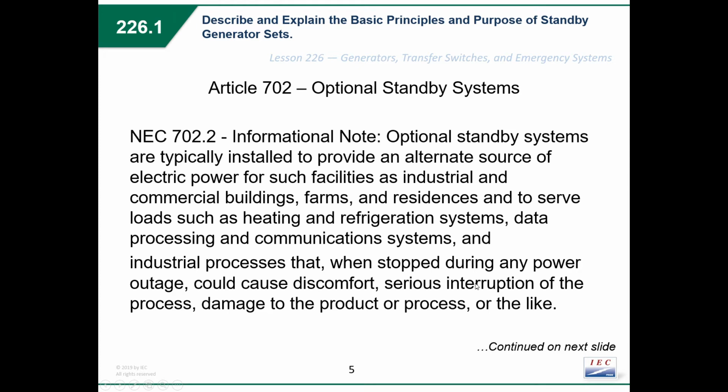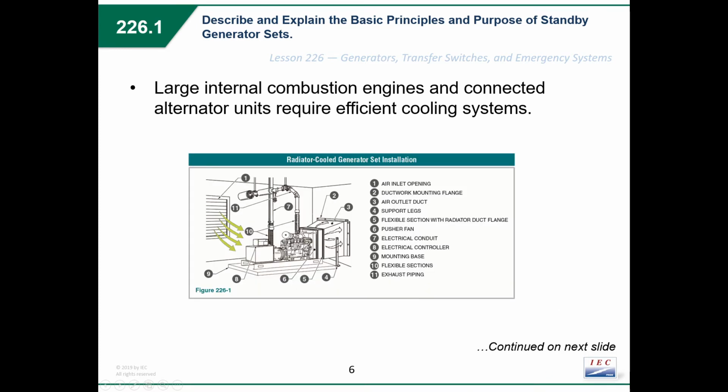Read through the code articles that the textbook instructs you to. That's where those three pieces come from, and there's a lot of other good information, so make sure you read that. But we'll just hit on some general things here. Large internal combustion engines and connected alternator units require efficient cooling systems. Here again, you are not going to be tasked with selecting and designing this. That's the generator manufacturer and supplier, the design professional.